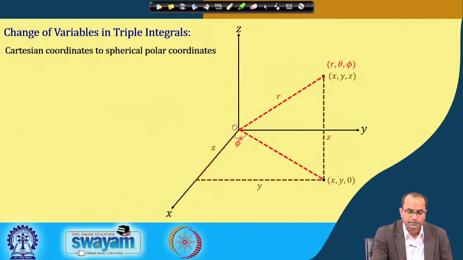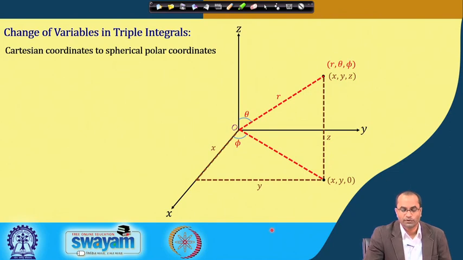And the angle theta is the angle with the z axis, of the line joining the origin to the point (x, y, z) in space.